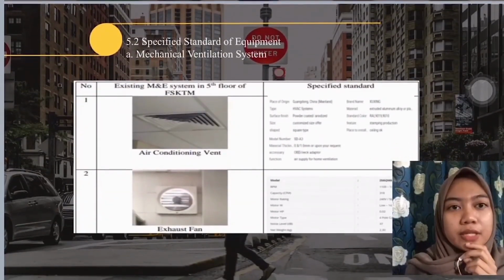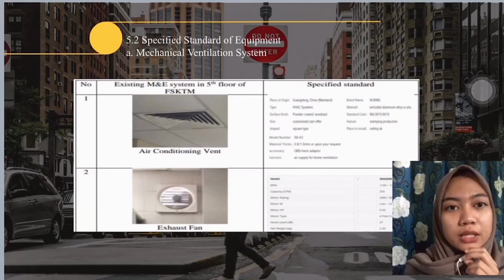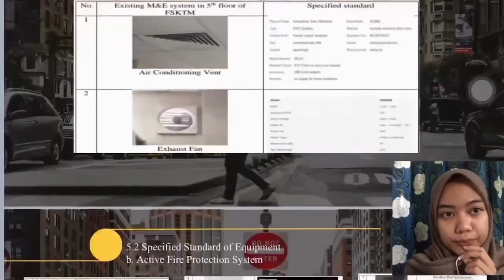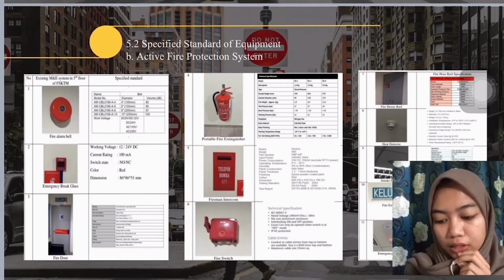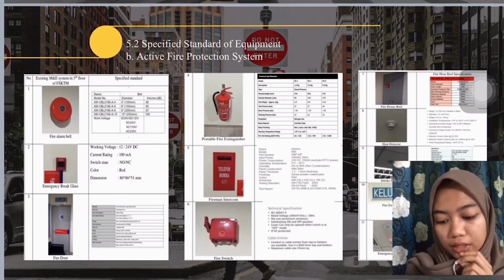Okay, next for the specific standard of equipment. For the mechanical ventilation system at FSKTM on the 5th floor, there is an air conditioning and exhaust fan. For the active fire protection system, it has a fire alarm bell, emergency break glass, fire door, portable fire extinguisher, fireman intercom, fire switch, fire hose rack, heat detector, smoke detector, fire exit sign, and emergency light.